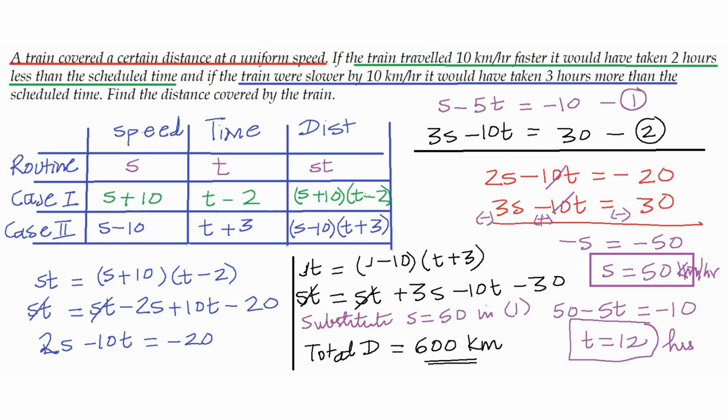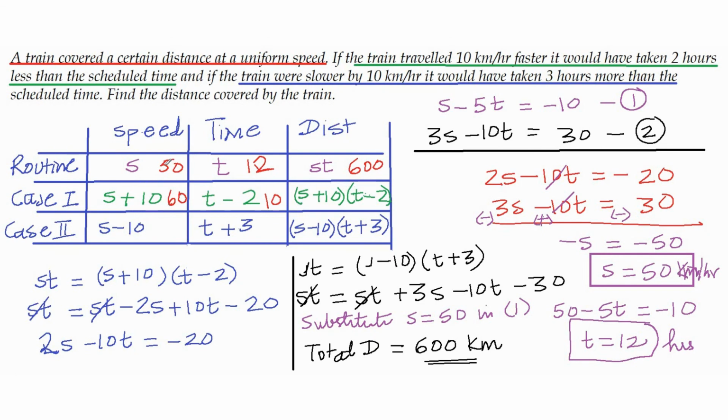Now let's see if this particular condition satisfies our equation. So speed is 50 and the time is 12. I know that the total distance is 600 kilometers. Let's assume that the train is moving at 10 kilometers per hour faster, which is 50 plus 10, 60. Then to cover the same distance, I would take only 10 hours, right? Which is t minus 2. So 60 times 10 is also 600.